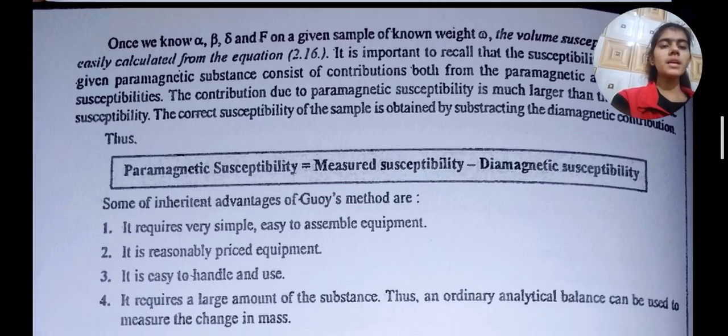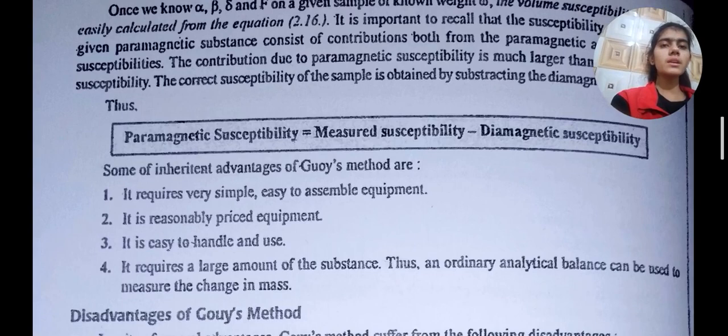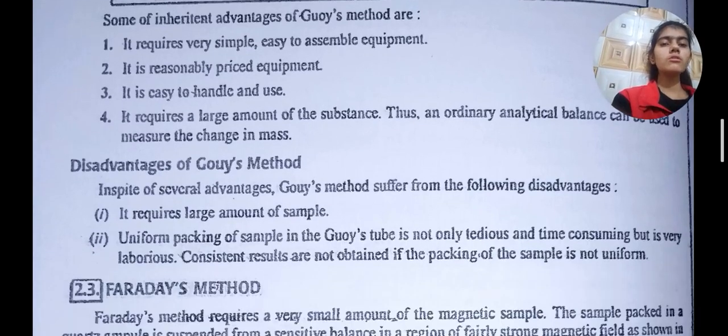Some of the inherent advantages of Guy's method are: it requires very simple, easy to assemble equipment. The second advantage is that it is reasonably priced equipment. Third, it is easy to handle and use. Fourth, it requires a large amount of substance, thus an ordinary analytical balance can be used to measure the change in mass. Also, here are some disadvantages of Guy's method.